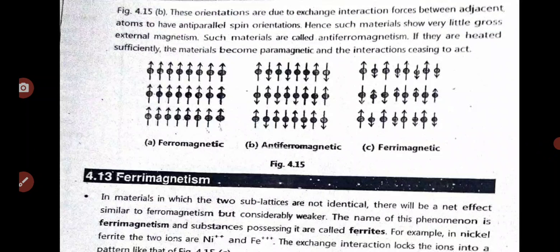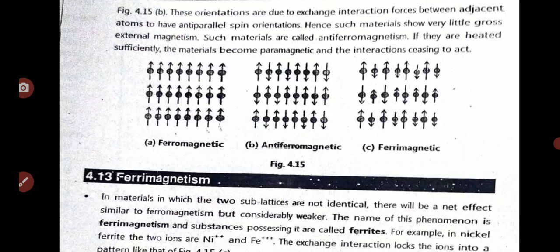This type of orientation is due to the exchange interaction force between adjacent atoms, which produces the anti-parallel spin orientation. This material shows very little external magnetism, so it is considered the anti-ferromagnetic material.